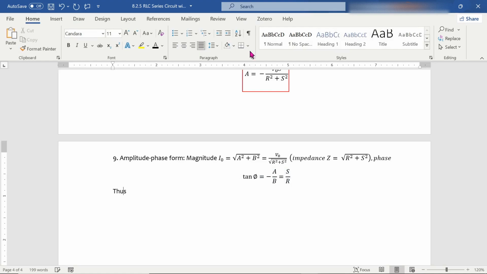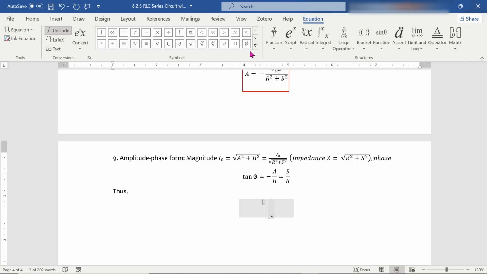Thus, we now have our particular solution as a function of t.